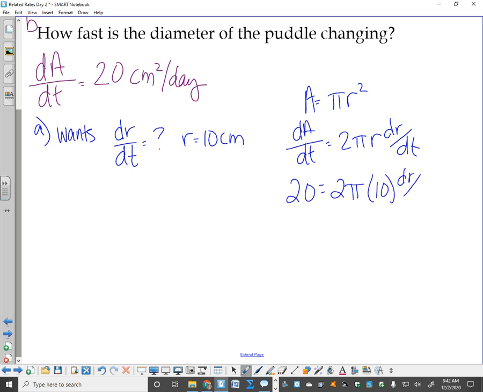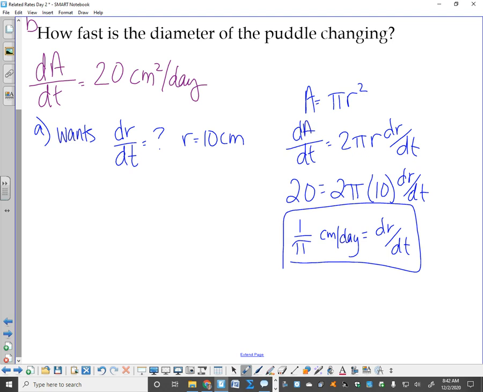I'm looking for dr/dt. That's going to be 20 divided by 20 pi, so 1 over pi equals dr/dt, and I'm going to put units of measurement. This is radius, so that's a linear measurement, so this is centimeters per day.